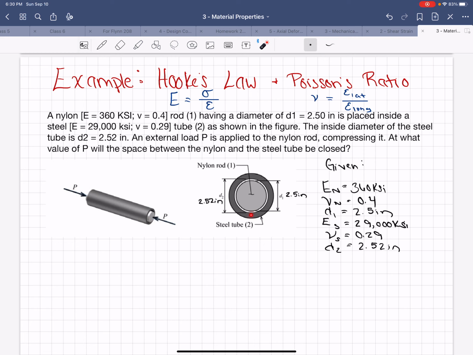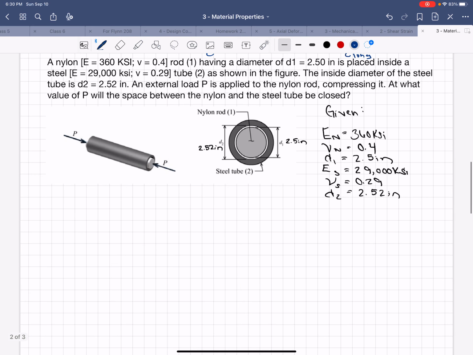That's in the lateral direction, so we can calculate a lateral strain by using this change in diameter. Okay, so that's the first thing we're going to calculate. Oh yeah, I forgot to write what we're supposed to find: P to close.